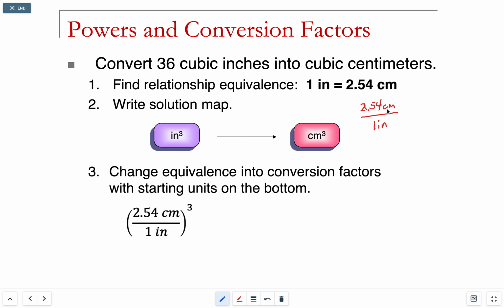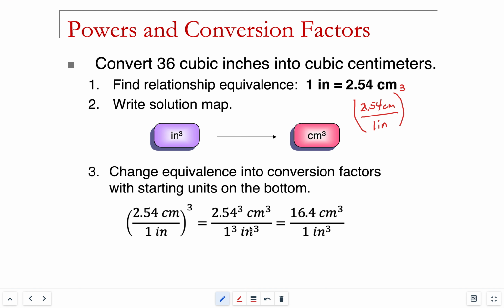To get cubic centimeters and cubic inches, we have to cube the whole thing. And so the cube is operating on the units and the numbers. So what you end up with is 2.54 cubed divided by 1 cubed and centimeters cubed divided by inches cubed, which just equals 16.4 cubic centimeters per cubic inch.